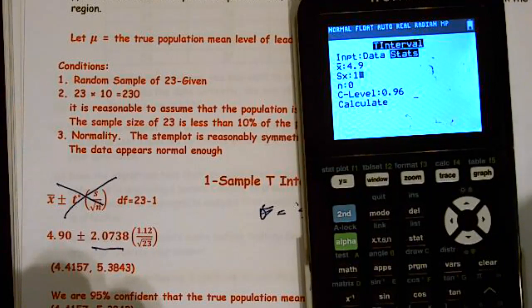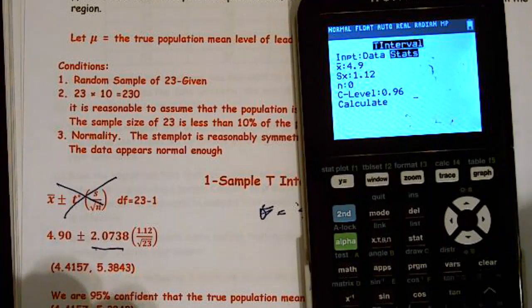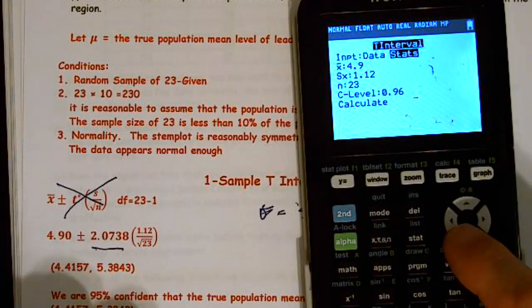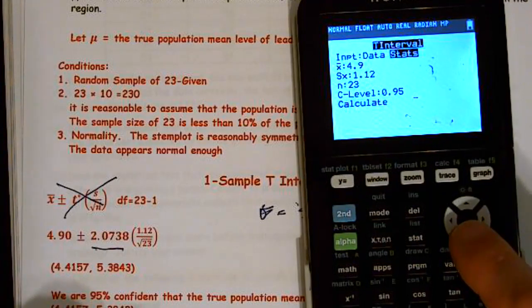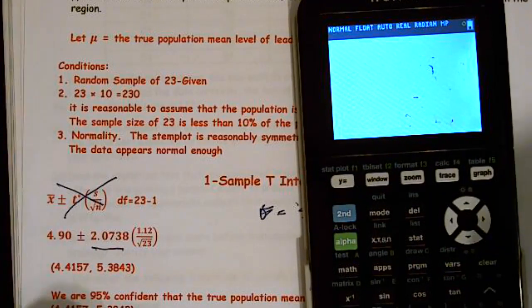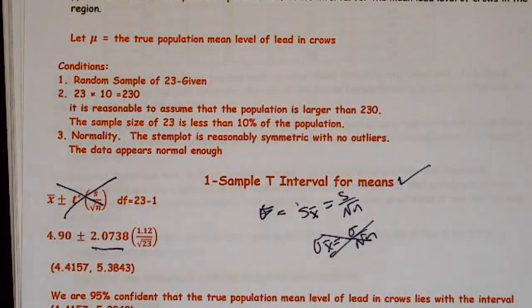Standard deviation is 1.12. The sample size was 23. And I need to calculate a 95% interval, so 0.95. And I end up getting 4.4157 to 5.3843. All right, so there's my interval.